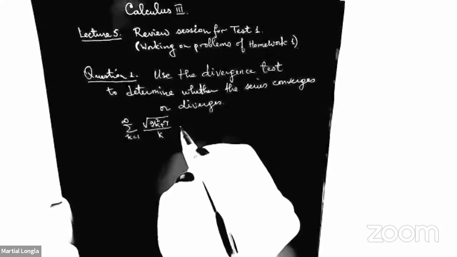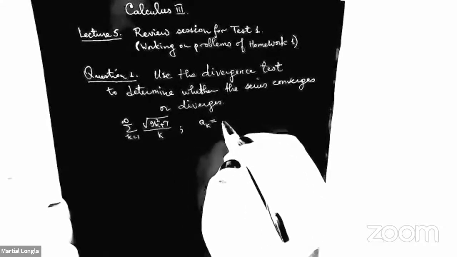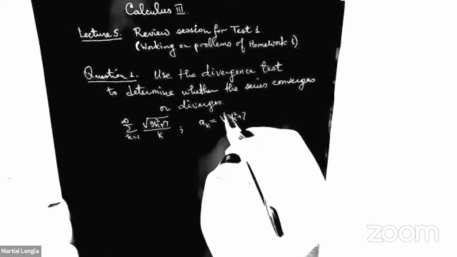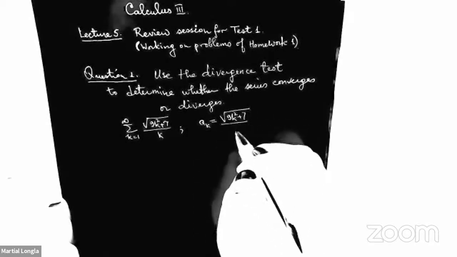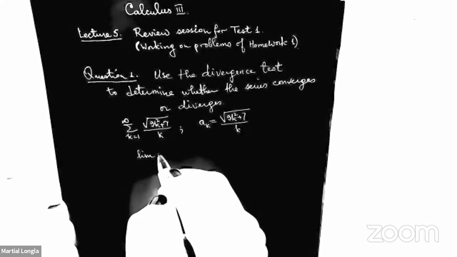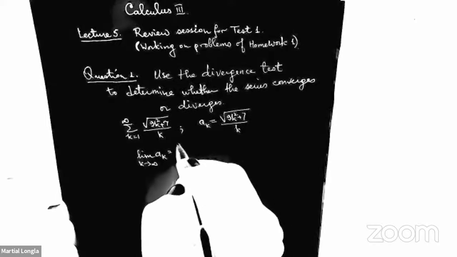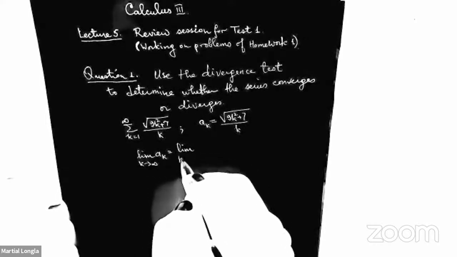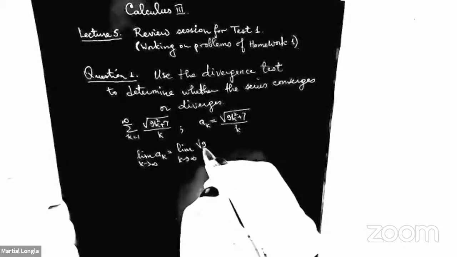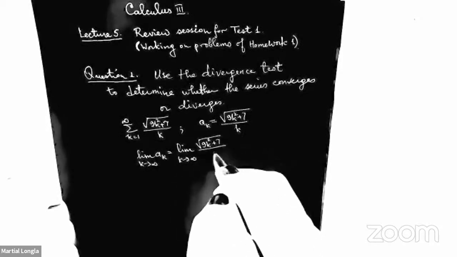So here you are going to say a_k equals the square root of 9k squared plus 7, over k. The limit of a_k as k goes to infinity equals the limit as k goes to infinity of the square root of 9k squared plus 7 over k.